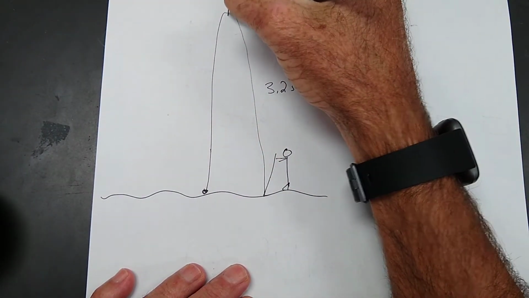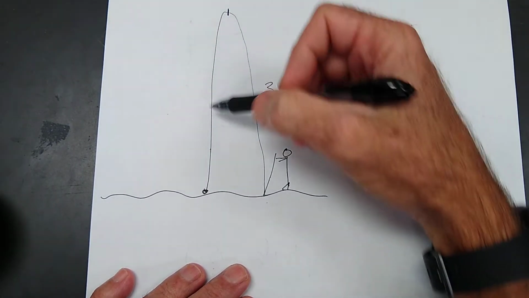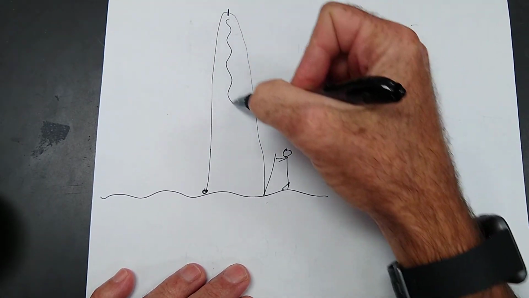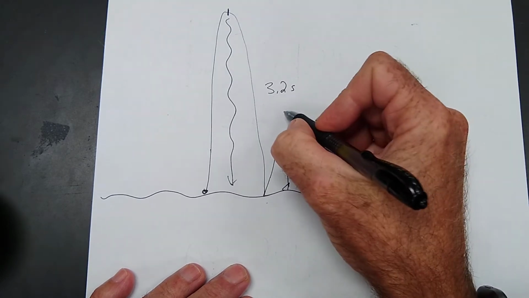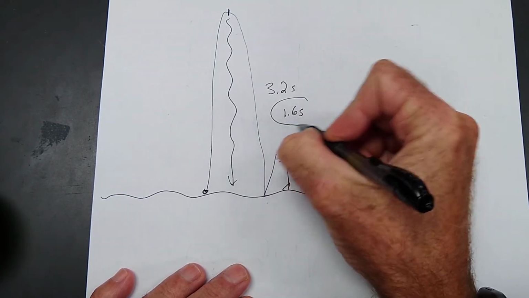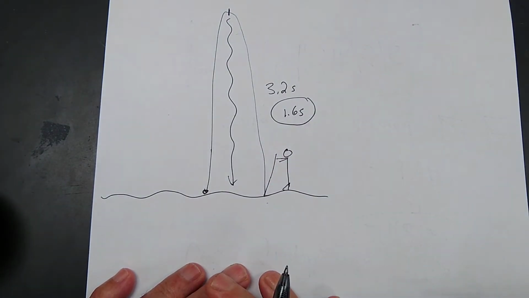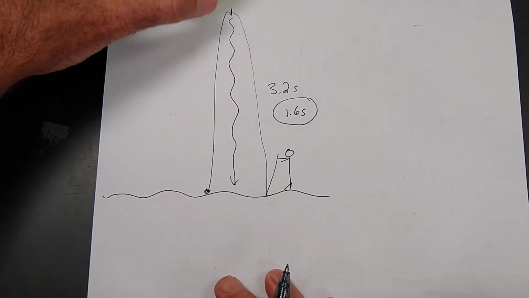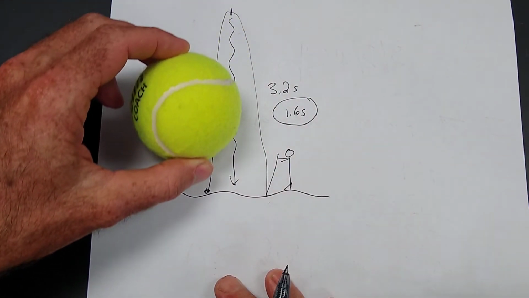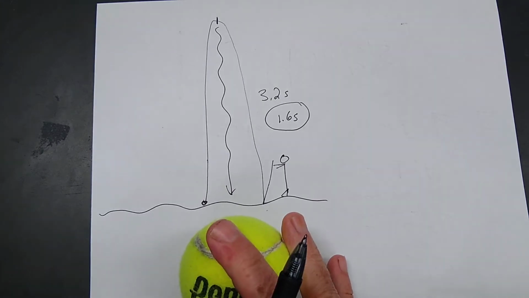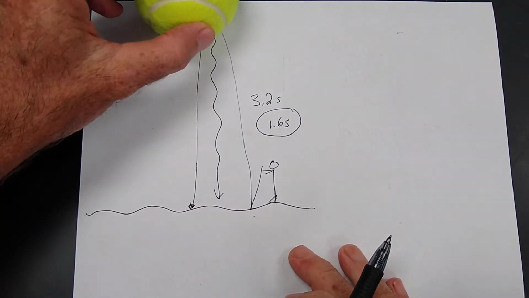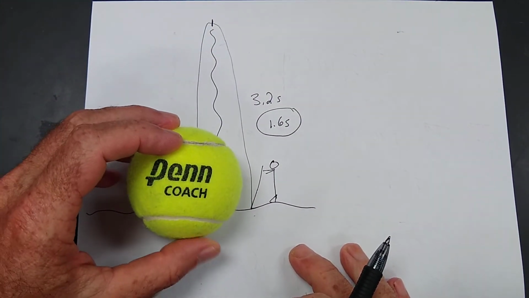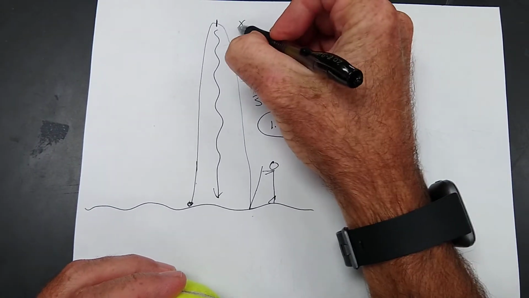What that means is it went up and it went down. Well, guess what? That means that it fell for 1.6 seconds. So if a tennis ball falls for 1.6 seconds, how high was it?